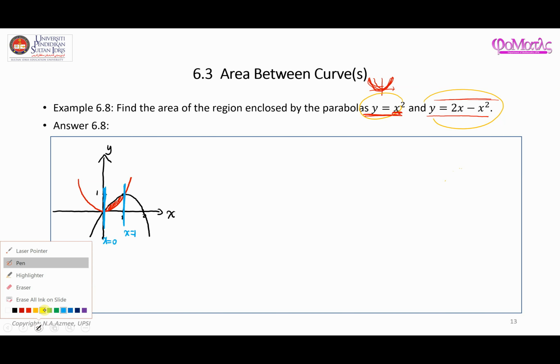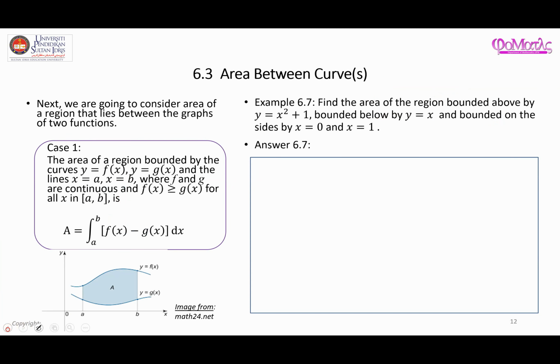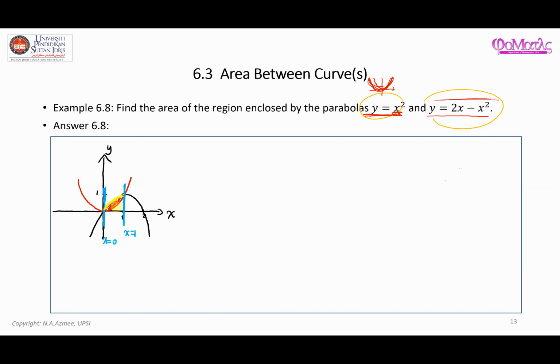I hope you can also see that this here will be my f(x), because f(x) is supposed to be, according to the formula, greater than or equal to g(x). So this is f(x), and below is g(x). This one, y is equal to x squared, is g(x), and 2x minus x squared is your f(x).